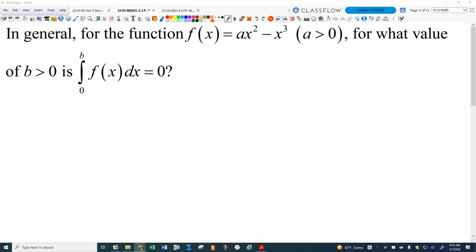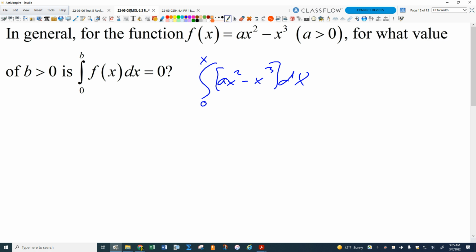Okay, so this would just be evaluating this integral, right? The integral of ax squared minus x cubed dx from 0 to x. And then what's that going to be?